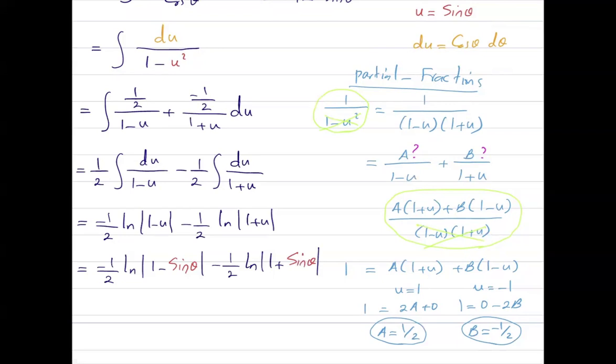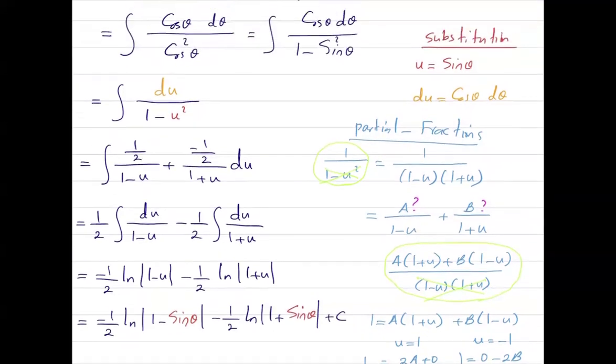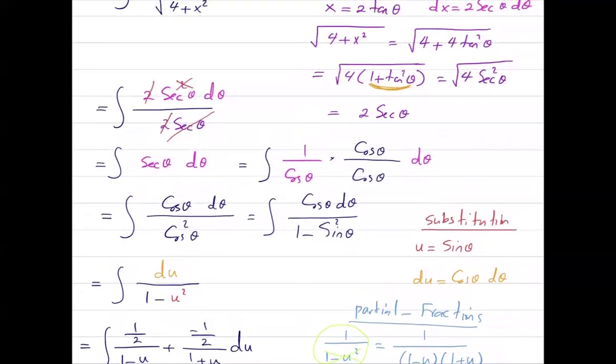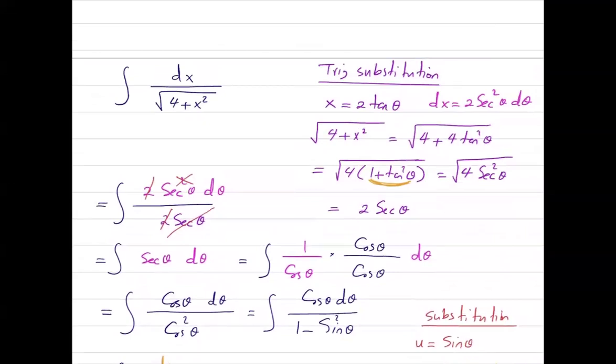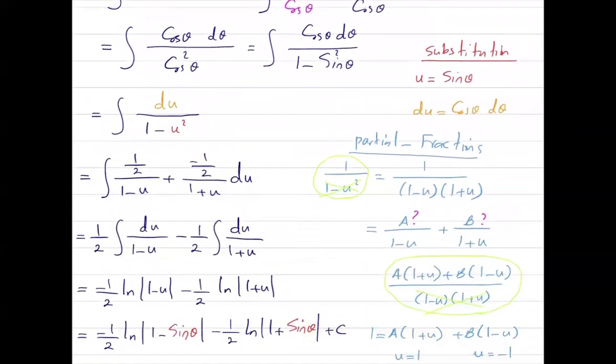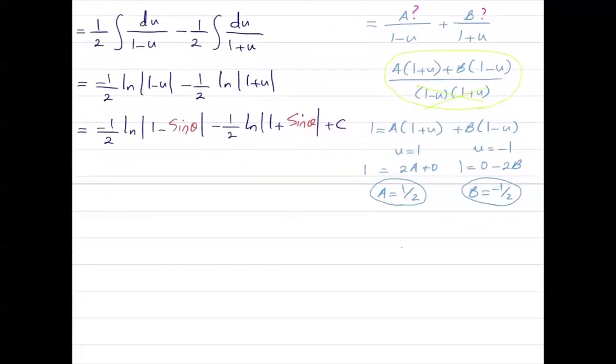Perfect. Don't forget the constant of integration, but now we need to go back and write everything in terms of x, because our original integral is in terms of x. But what substitution did we use? We used x equals 2 tangent theta. So since x is equal to 2 tangent theta, what's the meaning of that?